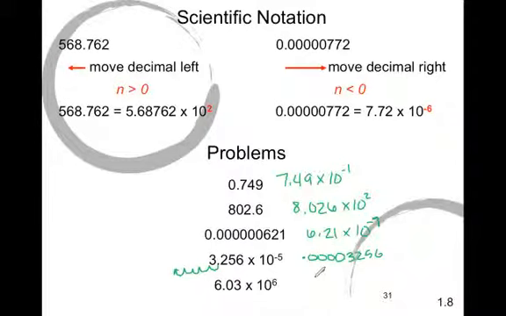Remember, if it's a negative exponent, that number must have been less than 1, so small. Positive would be moving to the right, so we should have 603 with 4 zeros behind it. 6,030,000.